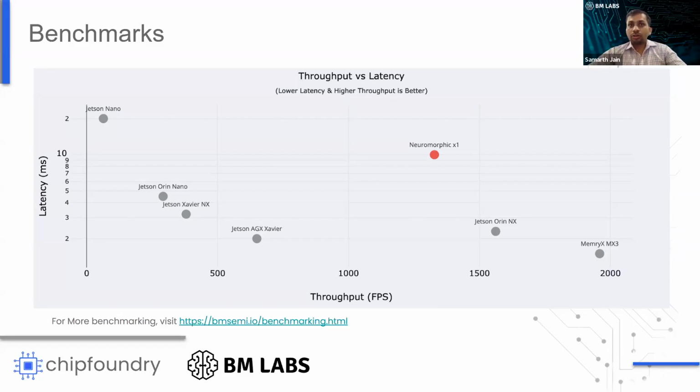We have used an open source benchmarking tool, which is available on our website. You can go to our website and read the references, and we compare it with the Jetson Nano, an NVIDIA chip for IoT applications, low power, low throughput, up to NVIDIA Orin and even Memory X, which are very highly scaled, advanced node technologies.